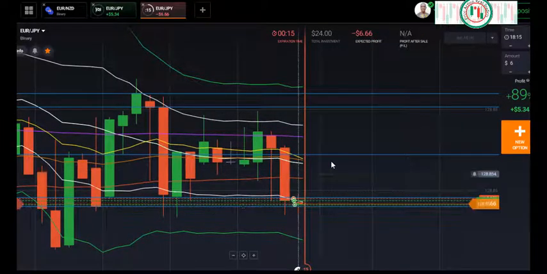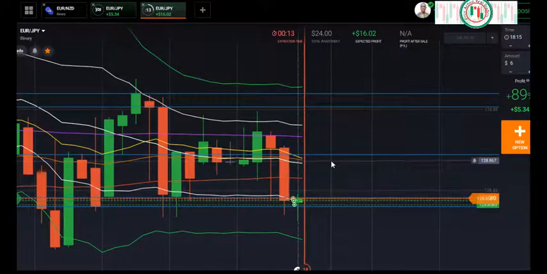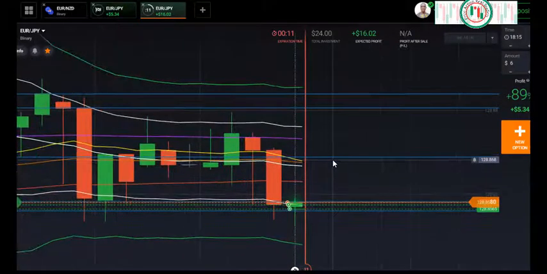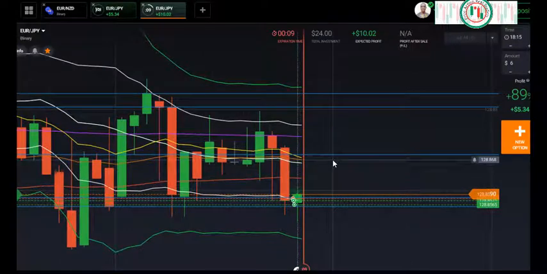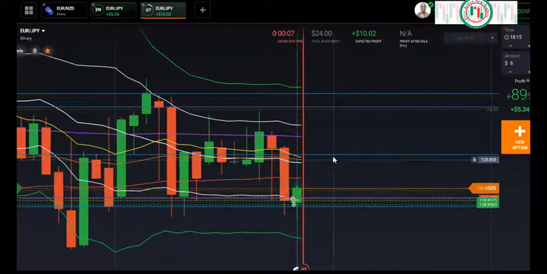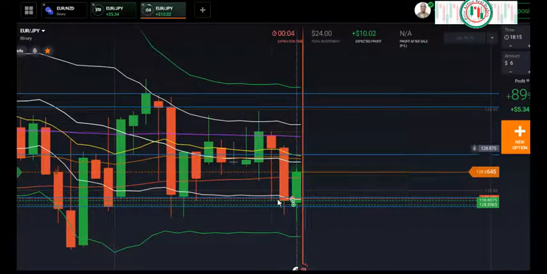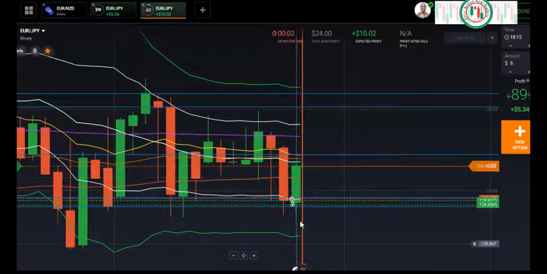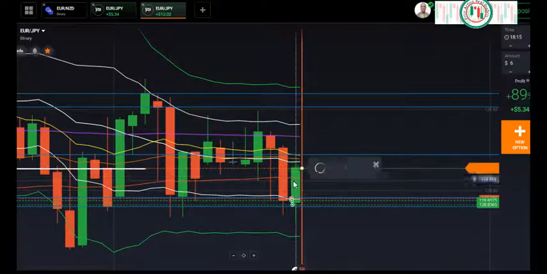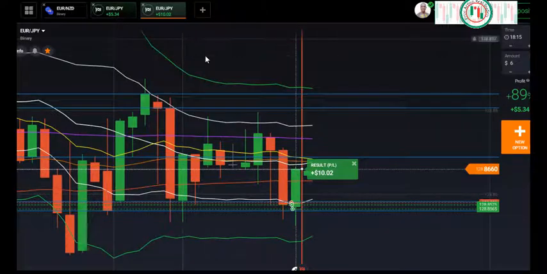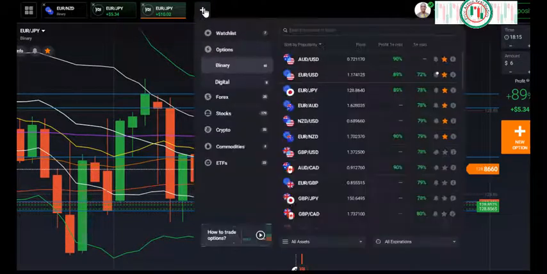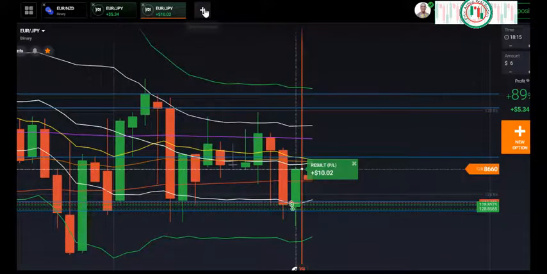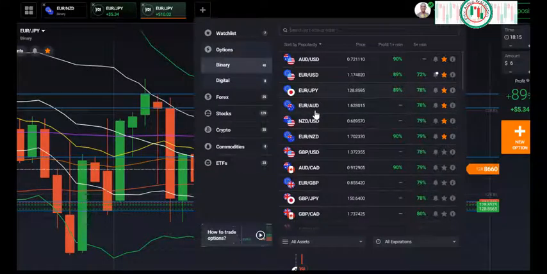This candle must be green candle. So you see, I know definitely this candle must be green. So let's see for the next trade.